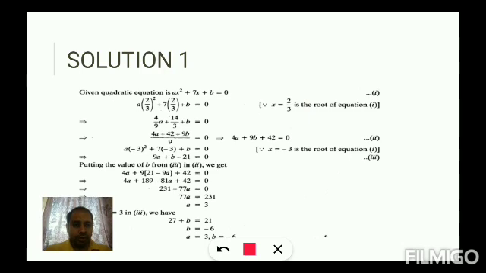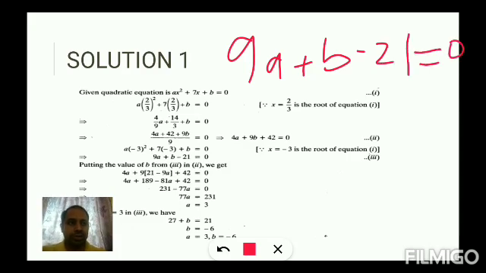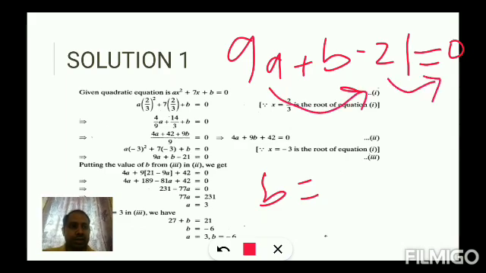Now if we substitute the value of b from equation number 3, if you observe the screen, equation number 3 is 9a plus b minus 21 equals 0. From that, you can write this as b equals, take this minus 21 to this side and this 9a to this side, right?